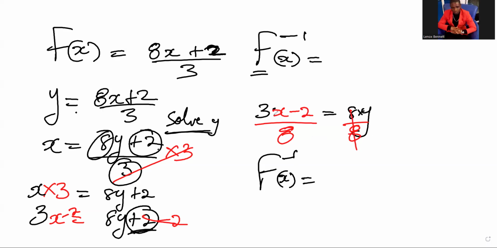The 3 will be in red, and this will be in black. But we did multiply. So it's (3x minus 2) over 8.